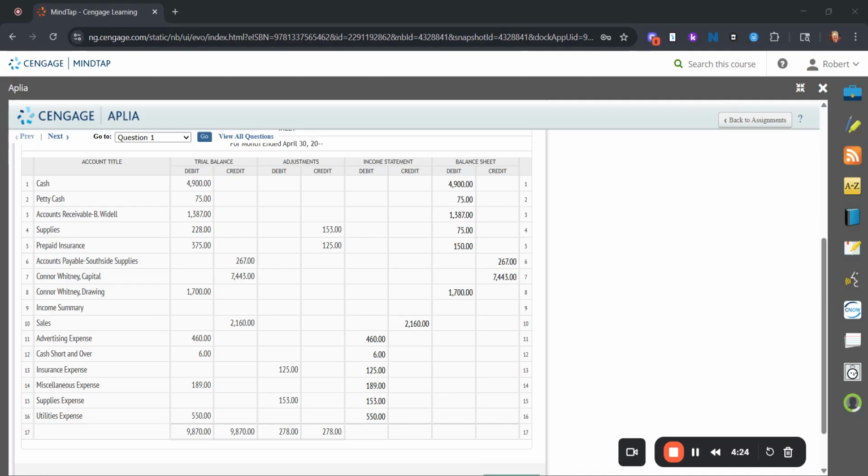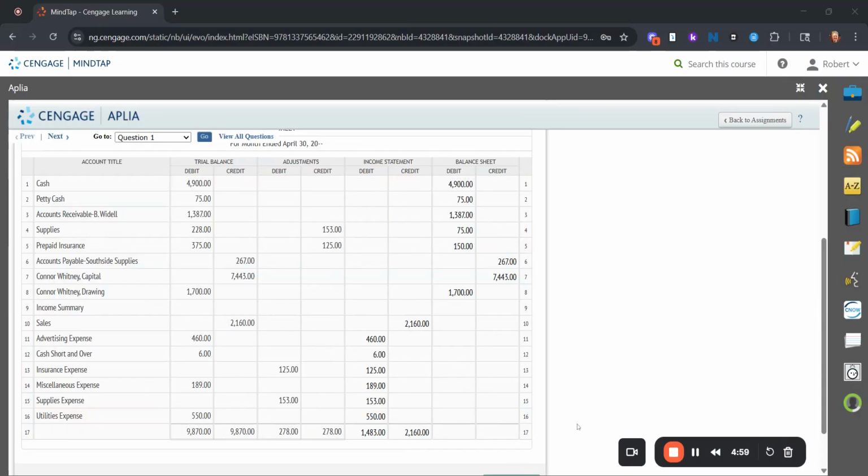So $460 plus 6 plus 125 plus 189 plus 153 plus 550. $1,483 for expenses. That are income for sales, $2,160. Notice how they don't match. There's a solution for that.